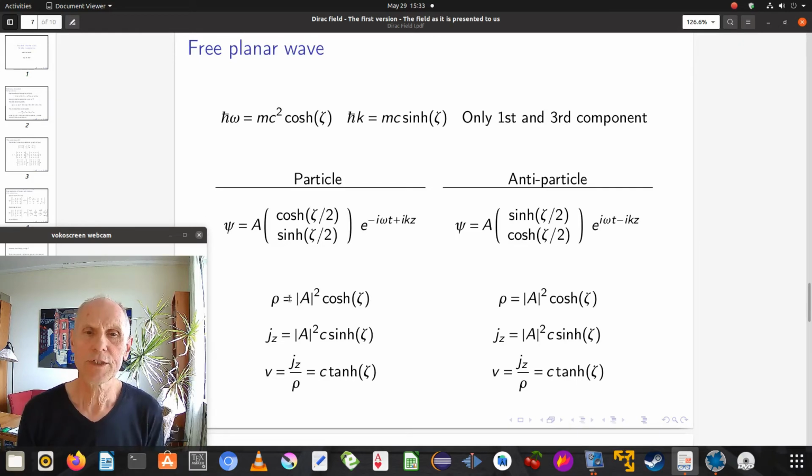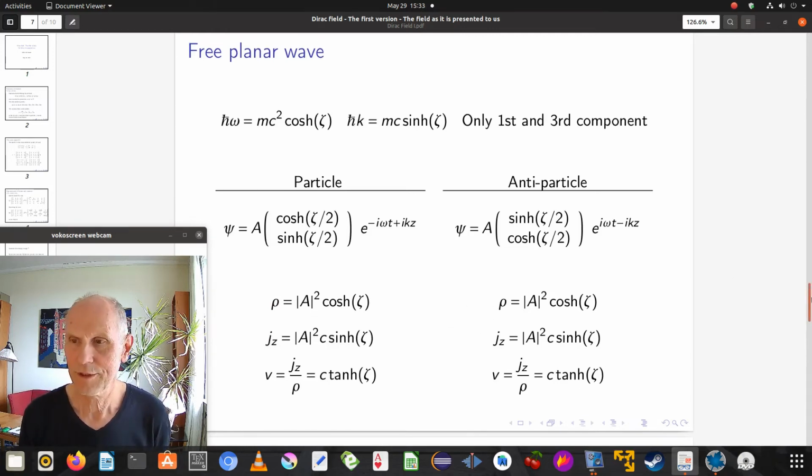And insertion gives the charge current, the charge density and the current. And this guy divided by rho gives the velocity, which gives the right result. And that's as it should be.